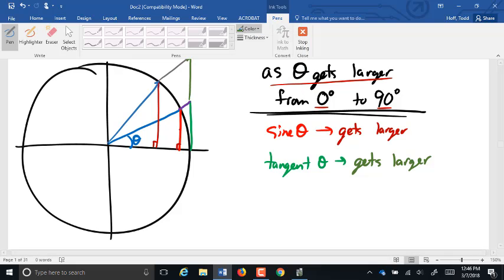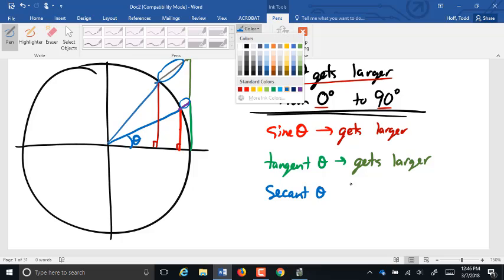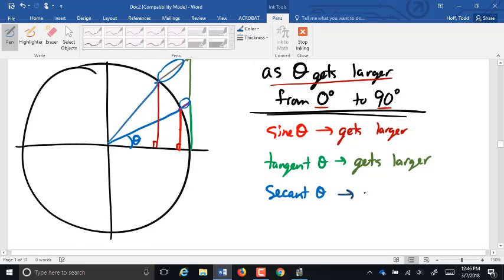How about the secant? Well, we just saw here it just sticks out a little ways. Here it has to go out a long ways to get to the tangent, doesn't it? The secant also gets larger. Yes, the secant is from the center all the way out. It's the whole piece.